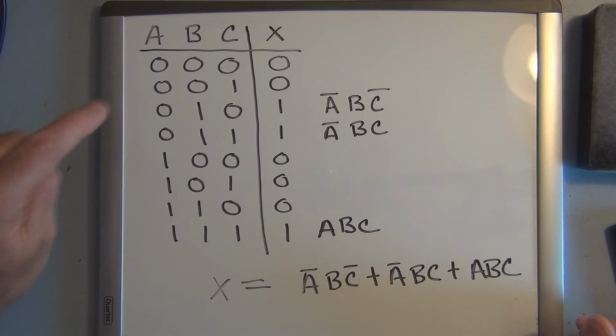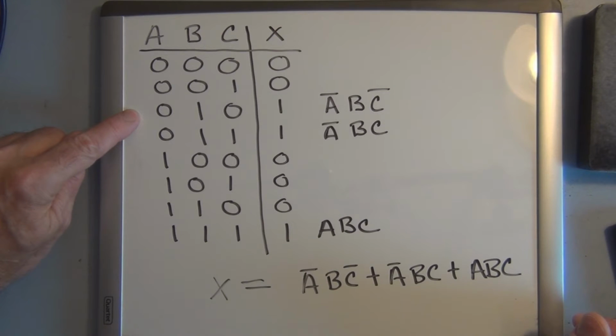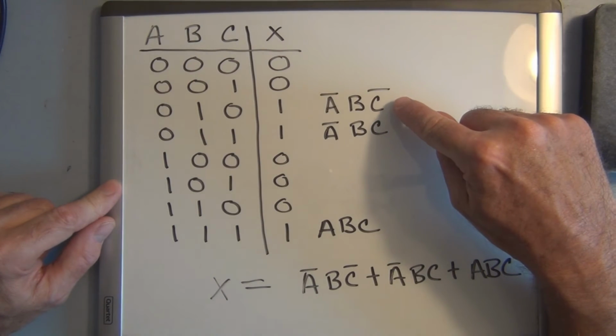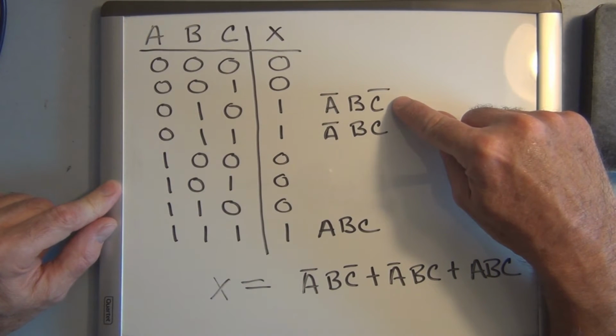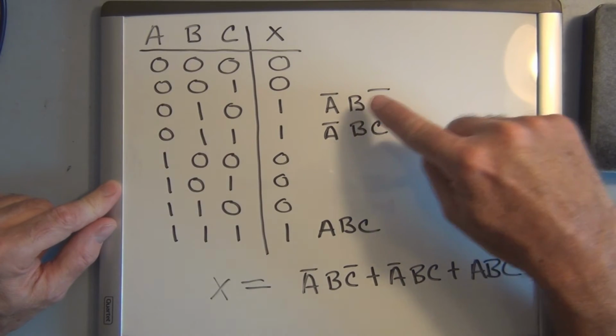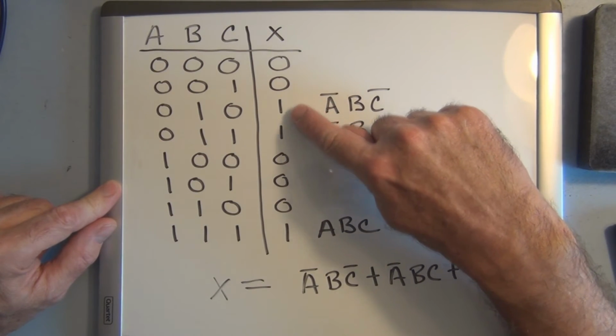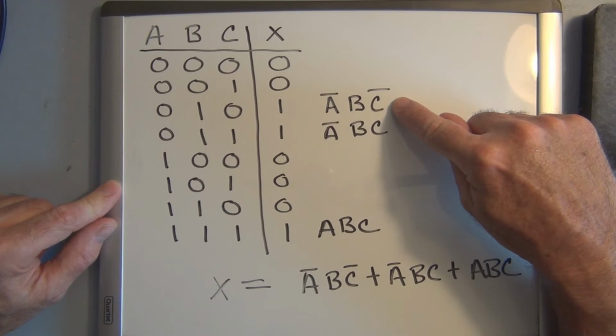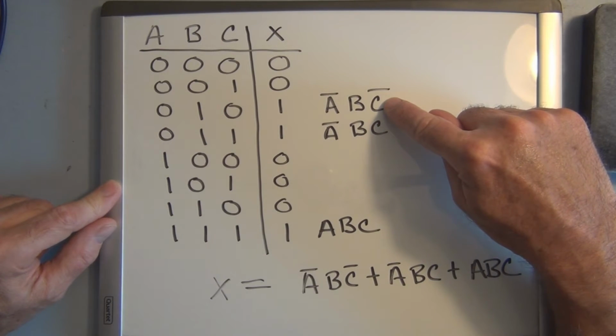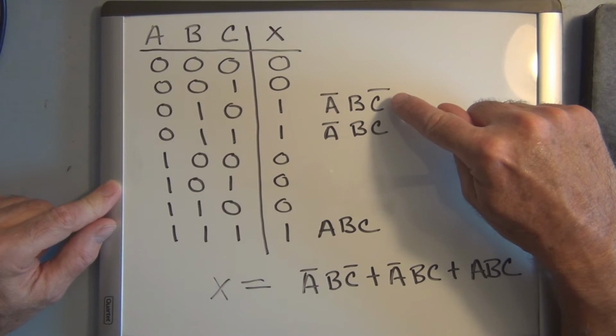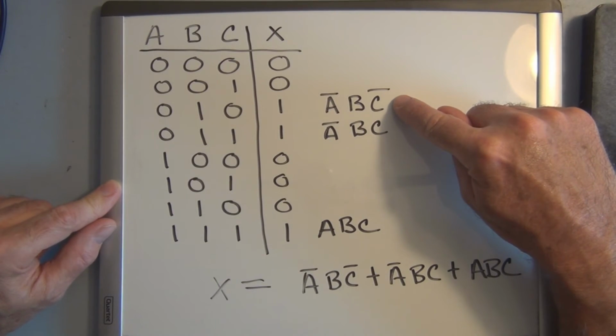So to review, we have the truth table, which summarizes the output requirement for the circuit we want to design, and we create an AND term for each case where the output X is equal to 1, and each AND term contains each input variable in either inverted or non-inverted form.